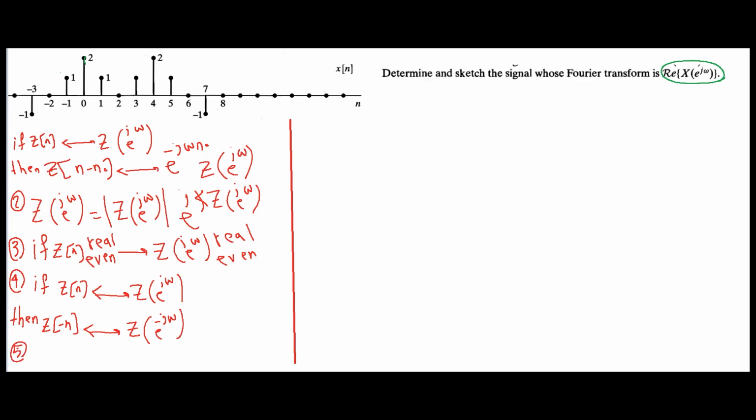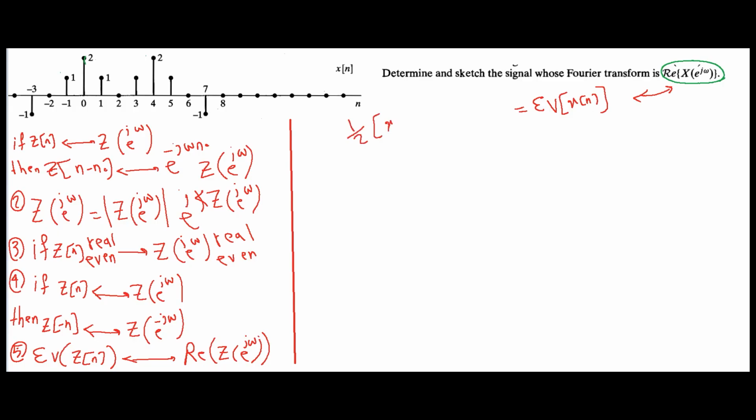In the final part, we are asked to find the inverse Fourier transform of the real part of X(e to the power j omega). We recall that the even part of a signal corresponds to the real part of its Fourier transform. Therefore, to find the inverse Fourier transform of the real part, we need to compute the even part of x[n].